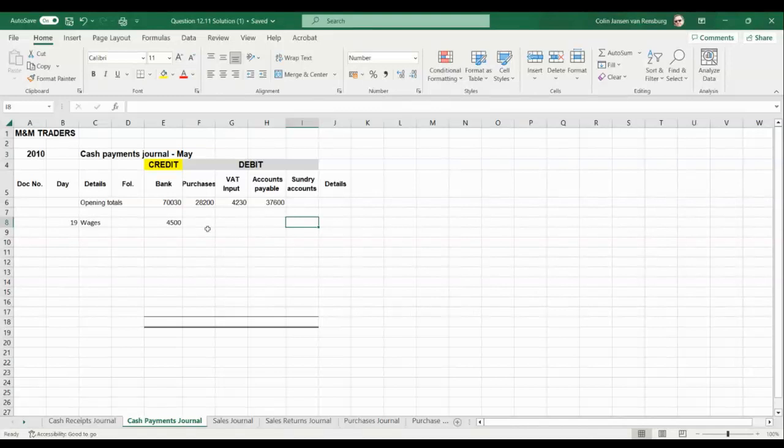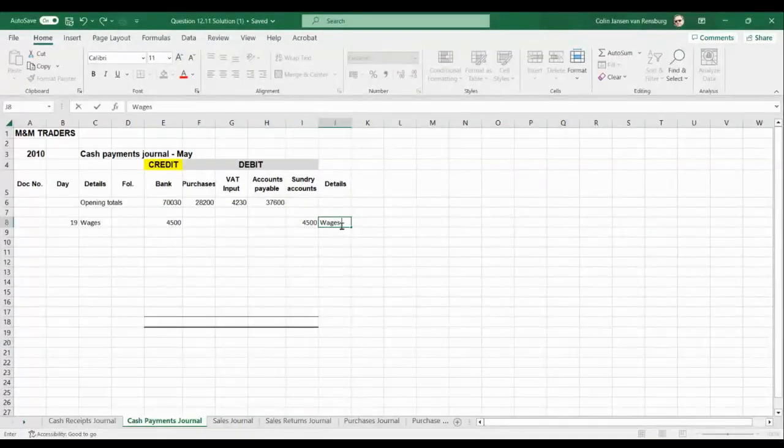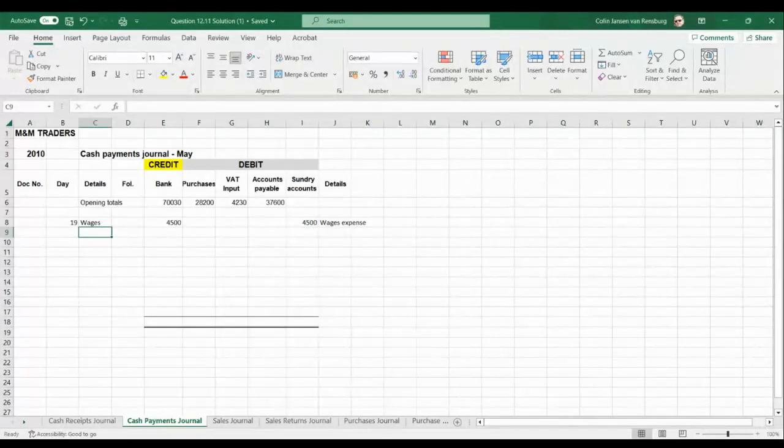We're going to do purchases continuously, but our wages we are probably only going to be doing maybe 4 times a month. In some months maybe 5 times, but once a week. So that will be in a sundry account. So that will be 4,500. And the account name will be wages expense. Right, so far so good. We've recorded quite a number of transactions already.